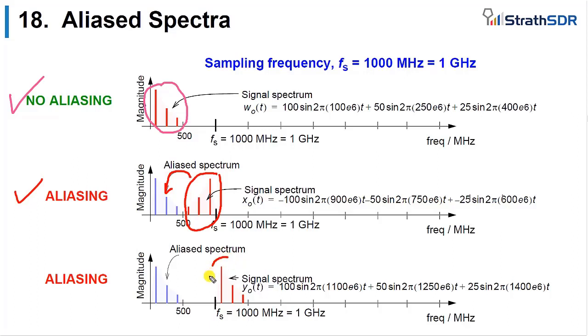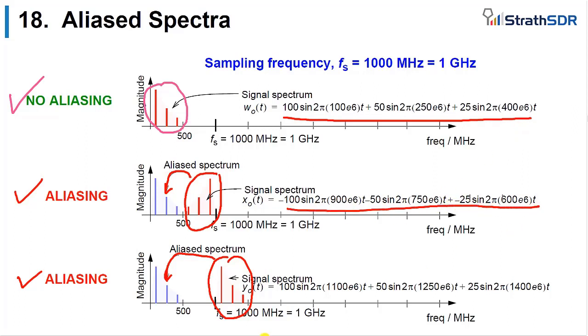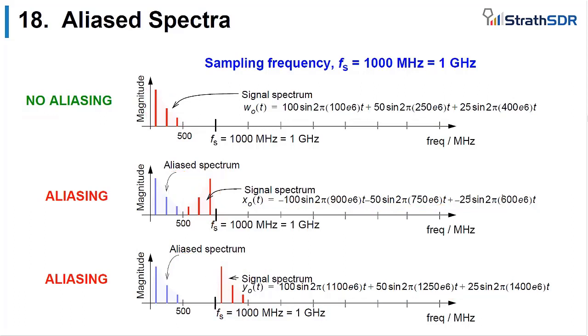And similarly, the 1100, 1250 and 1400 will alias down to baseband as well. So if you're looking at a baseband signal, how do you know whether it was generated by the 100, 250 and 400, or the 900, 750 and 600, or the 1100, 1250 and 1400? The answer is you don't. So we have to do something to make sure that we only allow one band through. So we need an anti-alias filter.